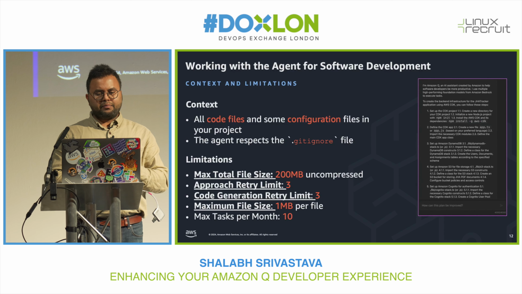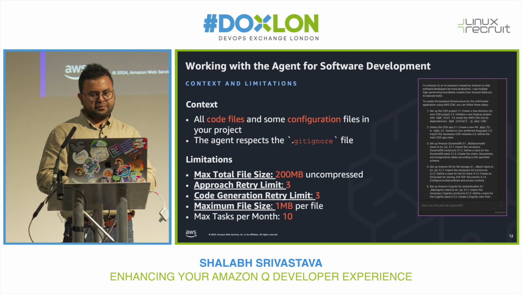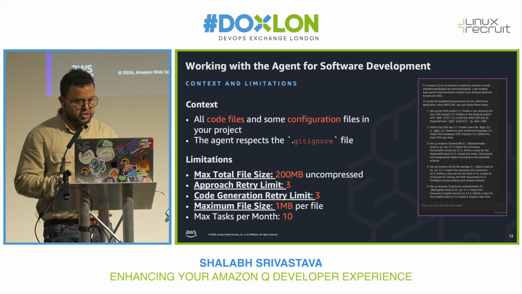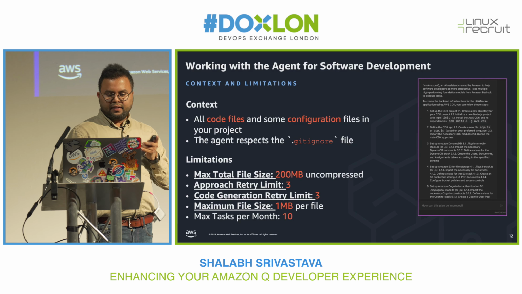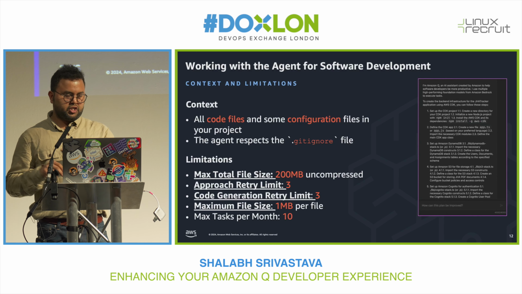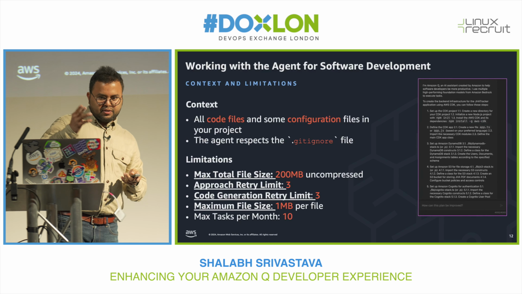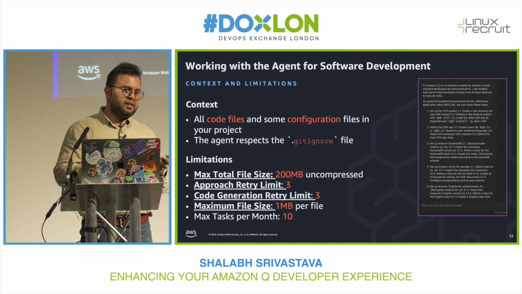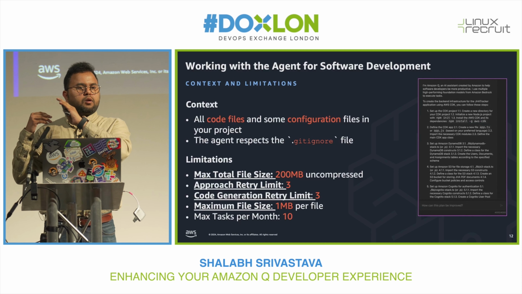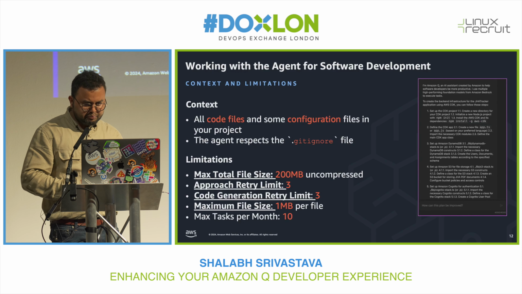It is a software development agent for you, and it gets integrated with your IDE, and it uses the context of your current project. You can start an entirely new project or work with an already open project in your IDE. How do we trigger it? We just type /dev and then it opens in a new window, and you can perform all your core technical tasks with your software development agent.